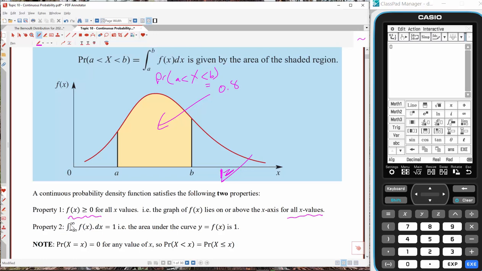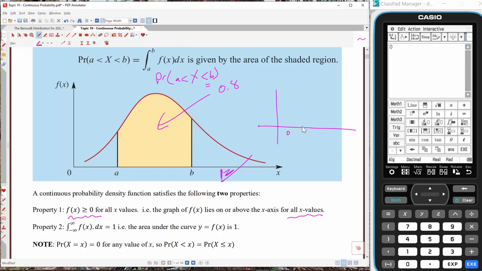Right, and if I integrate the function between negative infinity and infinity, then I'm always going to get an area of 1, okay? And that's because when you add up all the probabilities underneath this curve, we're going to get a value of 1. Now, again, note that that's going to be different from the discrete probabilities that we were looking at.